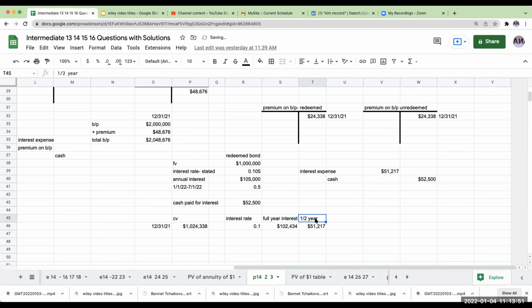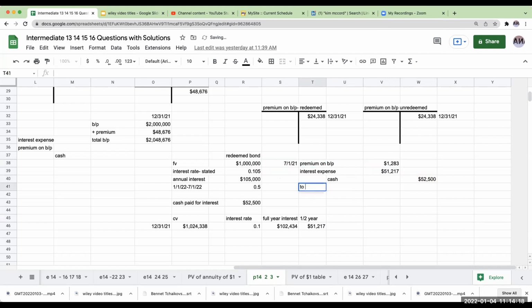So for half of the year, the period I'm paying interest up to, it's 51,217. So what's the difference? This is going to go to my premium on bonds payable, or 1,283.